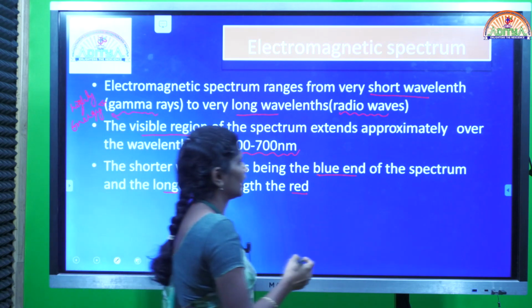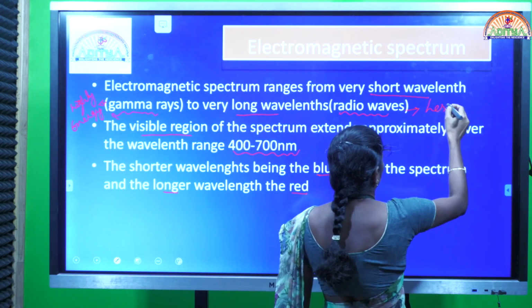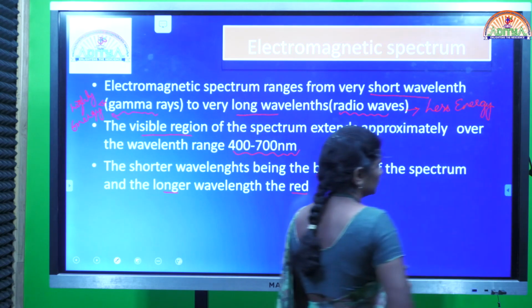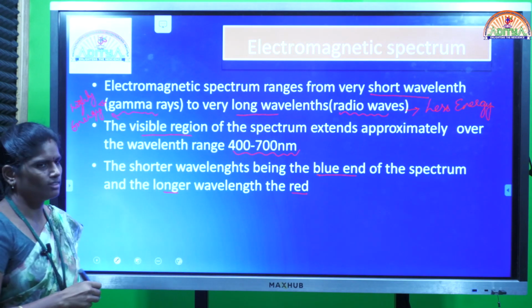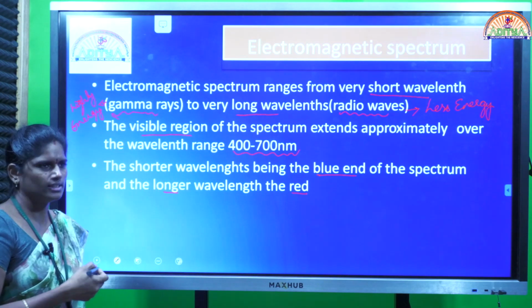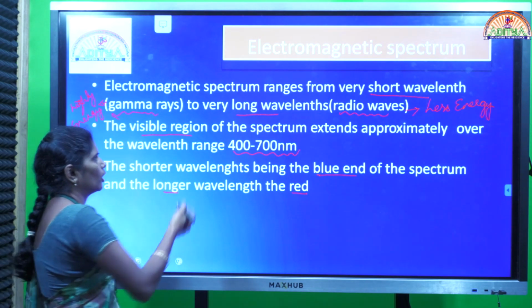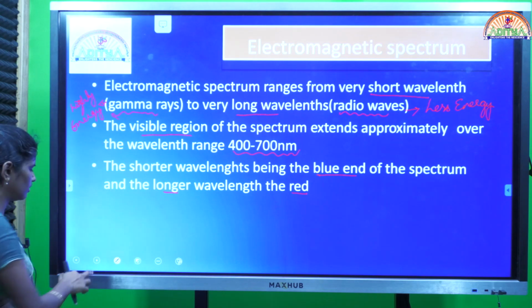And the radiations with longer wavelength will have less energy when compared to all other electromagnetic radiations. So the shortest wavelength is known to have the highest energy or highest frequency, and the radiation with longer wavelength will have less energy or less frequency.